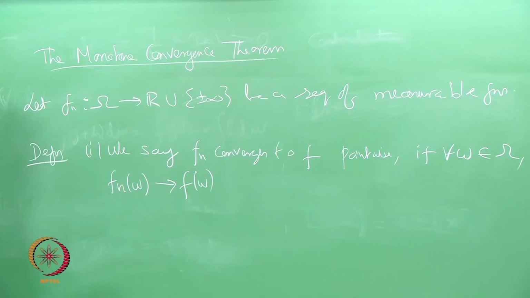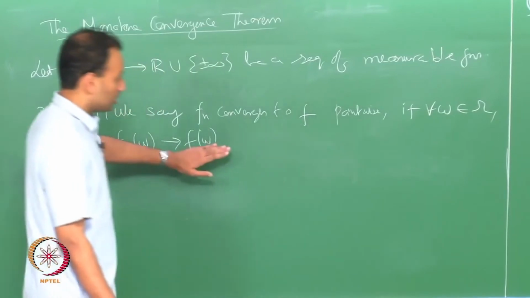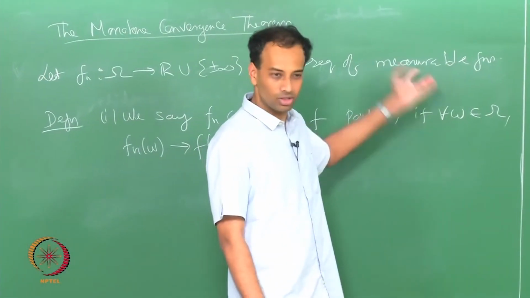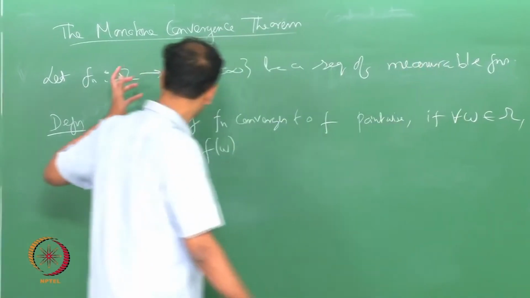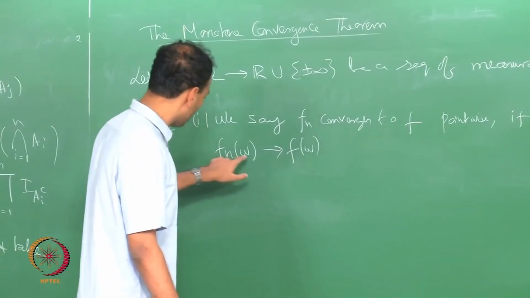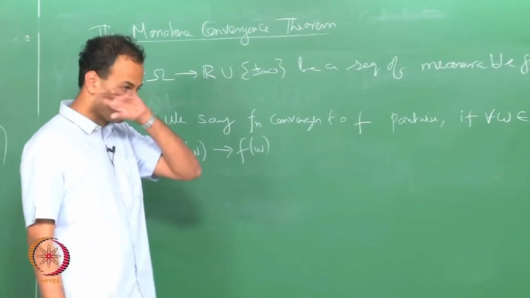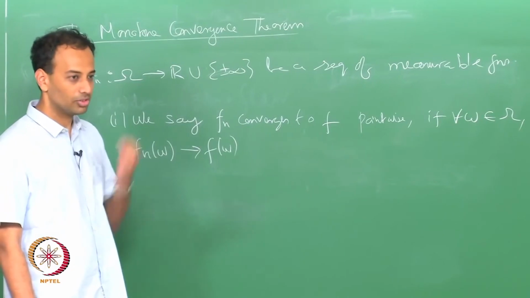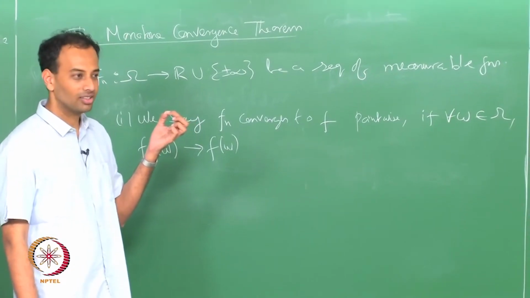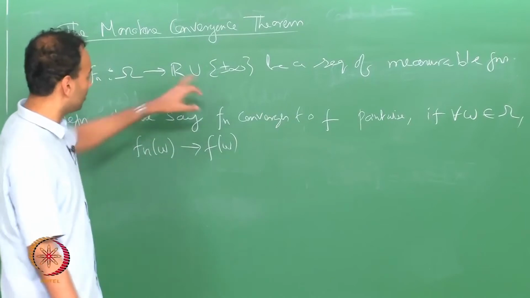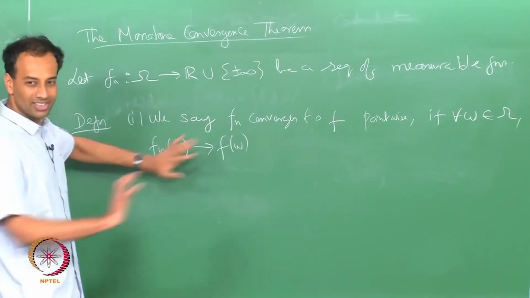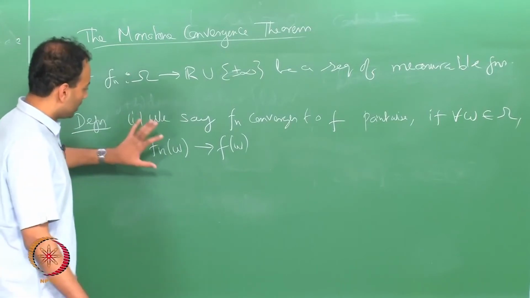So, this is what pointwise convergence of functions means. You fix an omega in the sample space, your set omega, and then f n of omega is a sequence of real numbers, well, not quite real numbers since it could include plus minus infinity, but let us just say it is a sequence of real numbers.